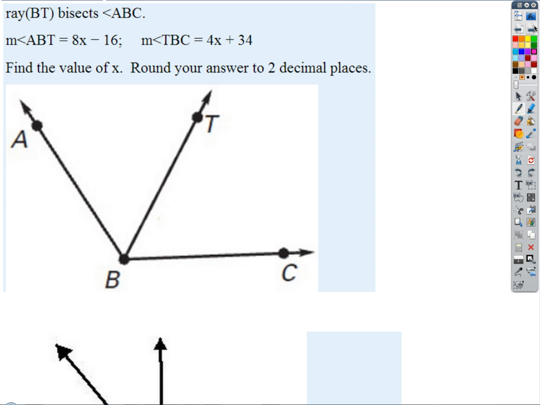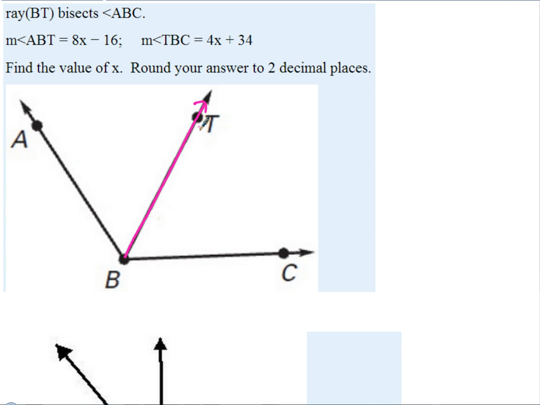Now, if you look at this first example up here, it says ray BT. So here's ray BT right there. It says it bisects angle ABC. So this big angle. What's it mean to bisect an angle? Because that's very important. Cuts it in half. So the 2 pieces are equal, aren't they? So I can say this. I know that that angle is congruent to that angle, right?